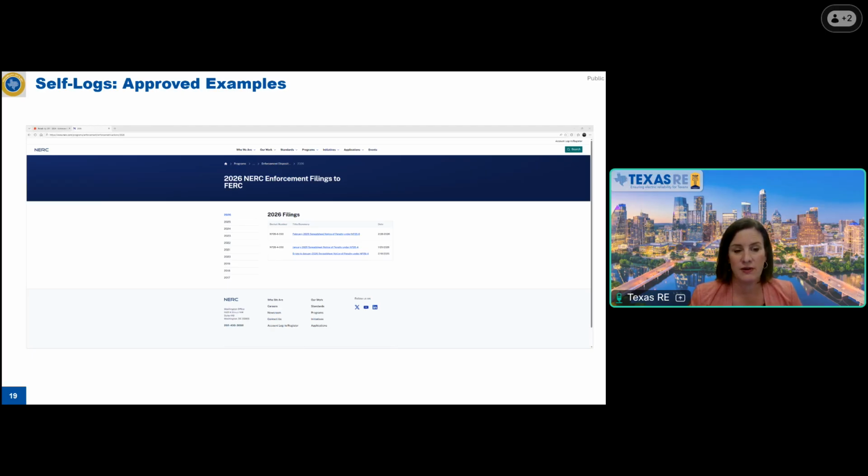By year you can open up and see what has worked, and you can see by the standard. So if you have a self-log for a particular standard, you might search for one that has been approved under that standard and use that as a template or as an idea starting point for how you want to fill in your self-log for that same standard.